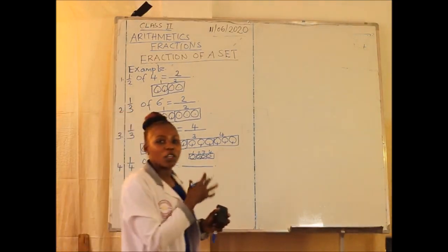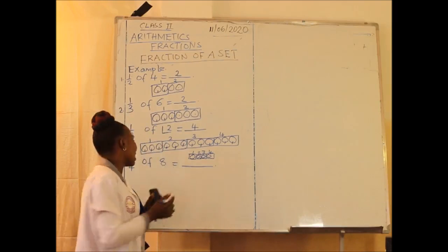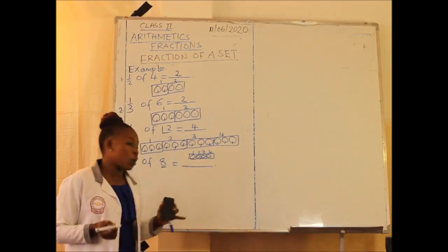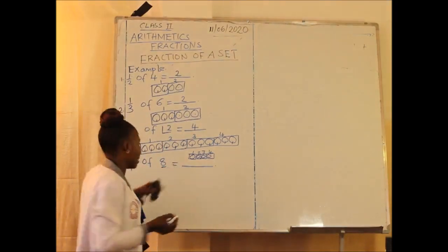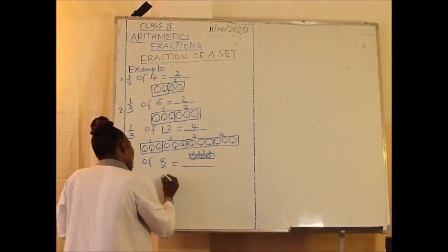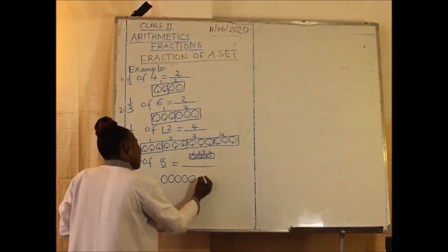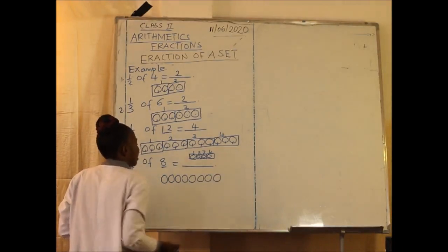So you have to draw those counters depending on the number of items given, that is 8. So you have to draw like this, 1, 2, 3, 4, 5, 6, 7, 8.